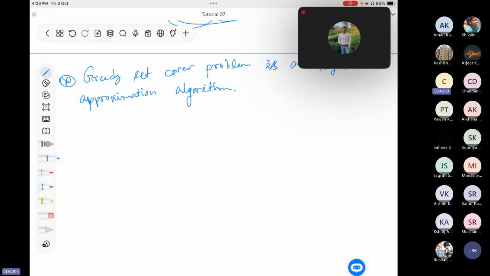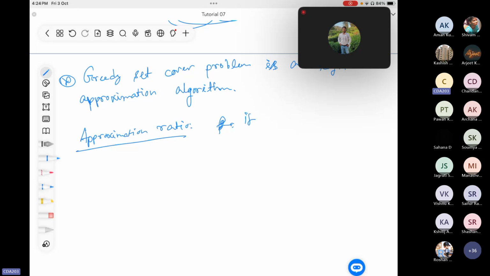So an approximation algorithm has what is called an approximation ratio, which is something like this.